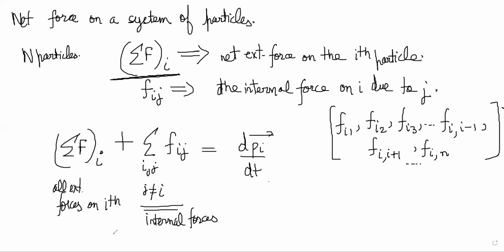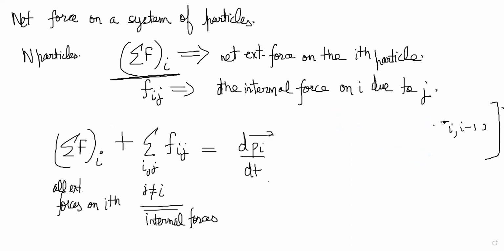Now, if I do a sum over all particles at this stage, this is just one equation, right? This is the equation of motion for one particle. I can write n equations like this.